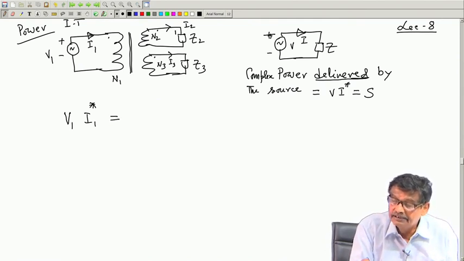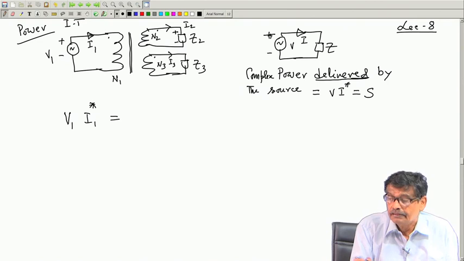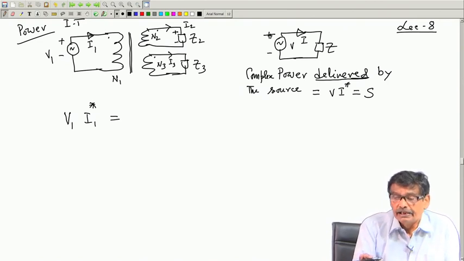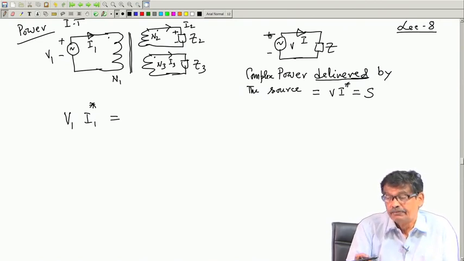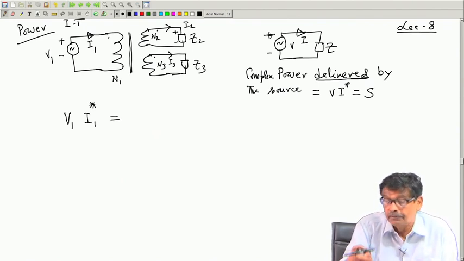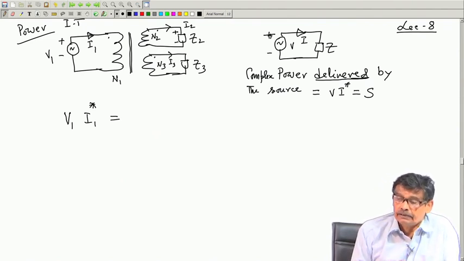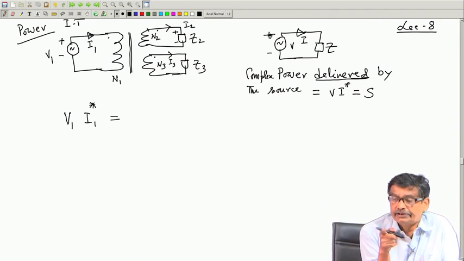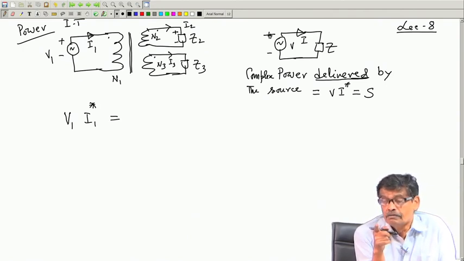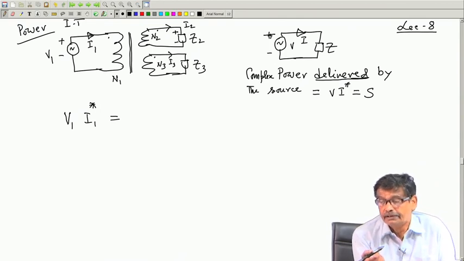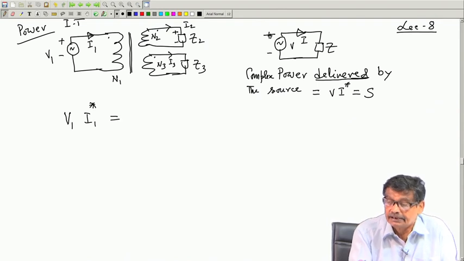If you see this voltage drop, because I have assumed the I 2 direction, the voltage drop has to be upper one plus, lower one minus. You can select the direction of I 2 in whichever way you like, but once you select that direction, remember the voltage drop polarity across that element is decided, then plus minus I can do.